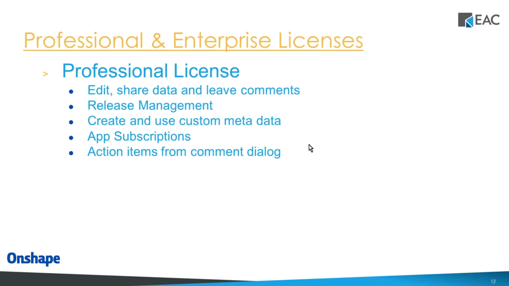So that gives you the ability to edit files, gives you the ability to certainly share that data. And then also we have a built-in comment capability, so we can communicate back and forth using that. Also, certainly we have access to the built-in release management capabilities of Onshape. We can create custom metadata.